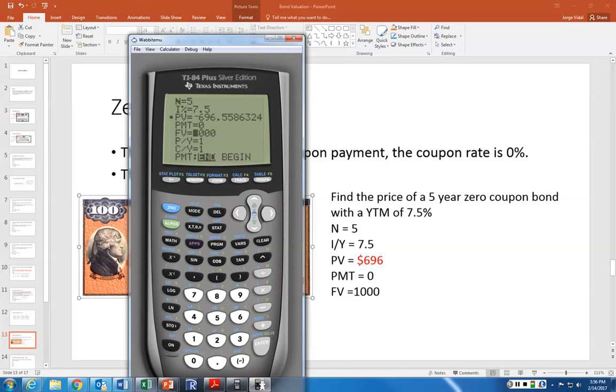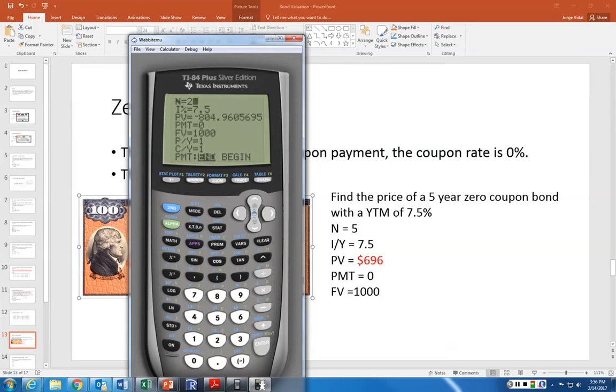So what happens the following year, if we assume that rates in the economy will be 7.5% the following year? Now the bond only has 4 years until maturity, so the present value will be 748. Two years later, only 3 years left in the bond, so the price will be 804.